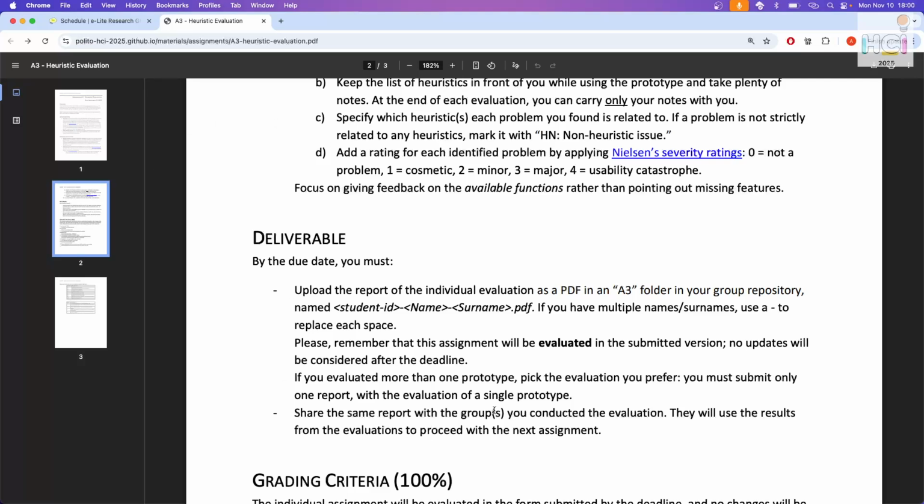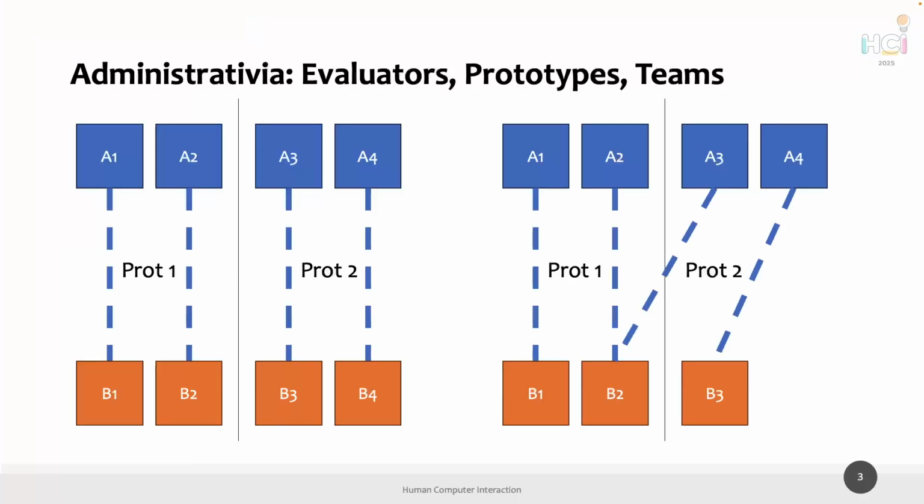I also prepared this chart, just to show you one possibility, but it's just a possibility. You can satisfy the criteria by pairing your group with another group. Let's suppose this is group 1, this is group 2.